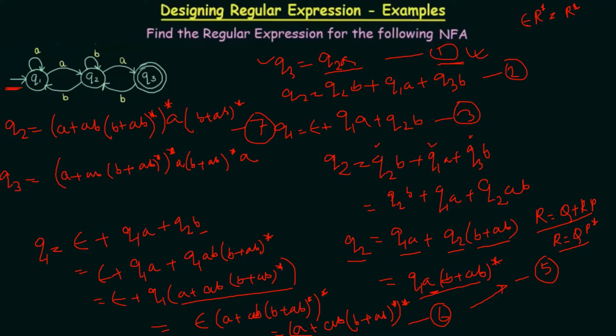So this one, this one, and this one are the final answers of the regular expression and conversion from NFA to regular expression. Okay, so let me just draw the clearer picture over here.